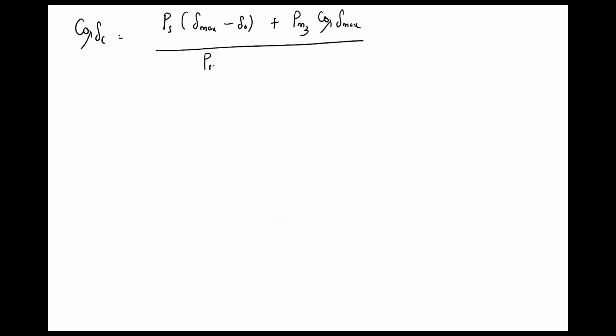Now cos delta C is equals to PS into delta max minus delta naught plus PM3 cos delta max, divided by PM3. If you substitute in this one, you are going to get critical clearing angle. PS is 1 per unit, and delta max and delta naught you must substitute in radians.